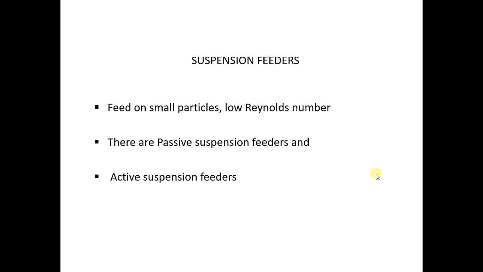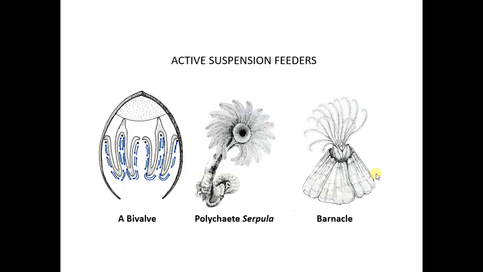Now, talking about selectivity, the suspension feeders are actually selective feeders. But they can be passive or active. The active suspension feeders go about looking for food, looking for prey in the water column, and then getting them.